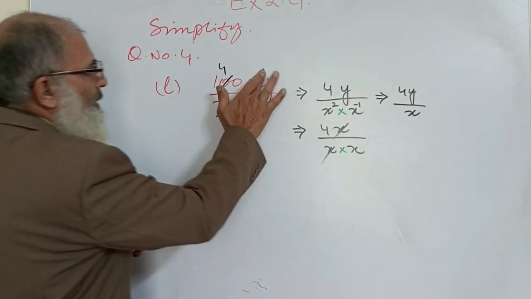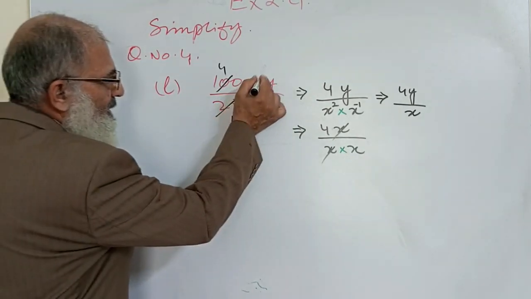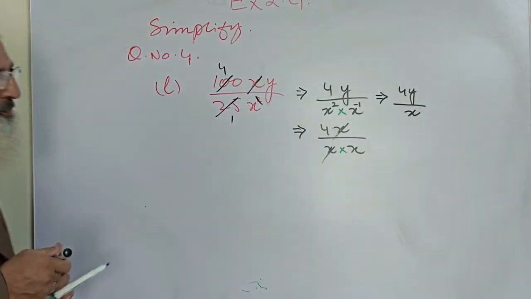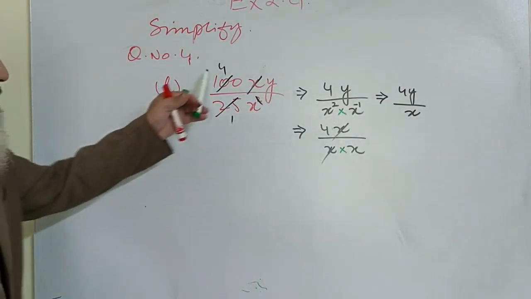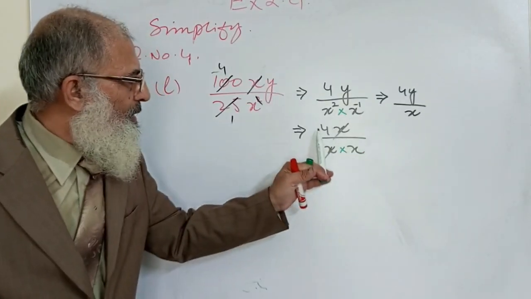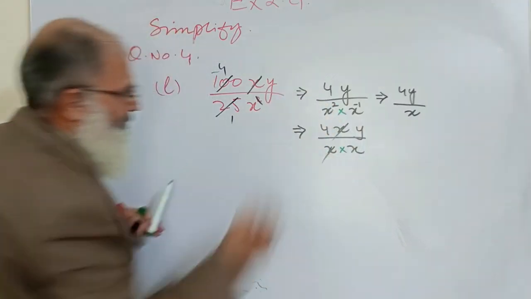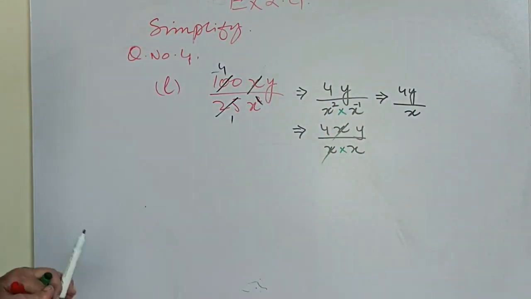Or forget about everything and just cancel this x with this part. The answer is 4y divided by x.